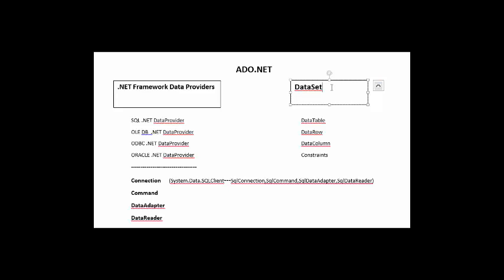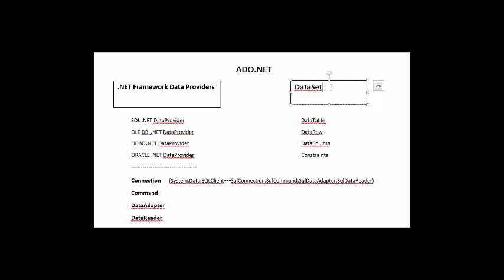So ADO.NET has 2 core components: the .NET Framework Data Provider and the DataSet. The .NET Framework Data Provider comes with the SQL .NET data provider, OLEDB .NET provider, ODBC .NET data provider, and Oracle .NET data provider. Again, the ADO.NET DataSet is explicitly designed for data access independent of any data source.